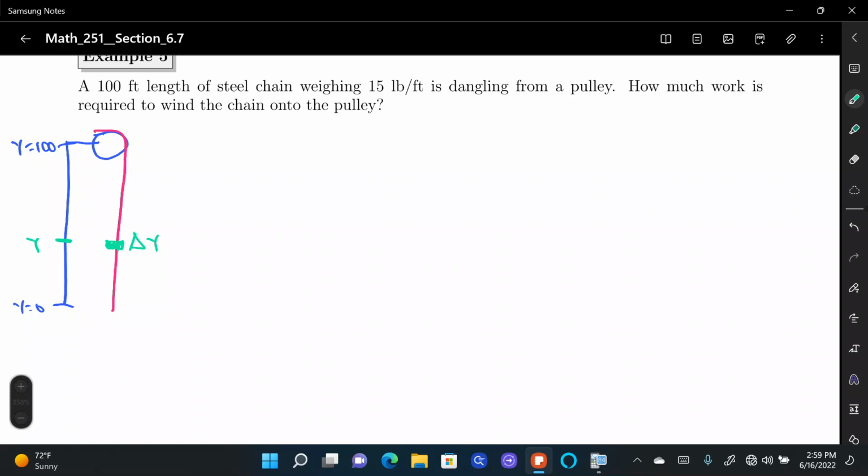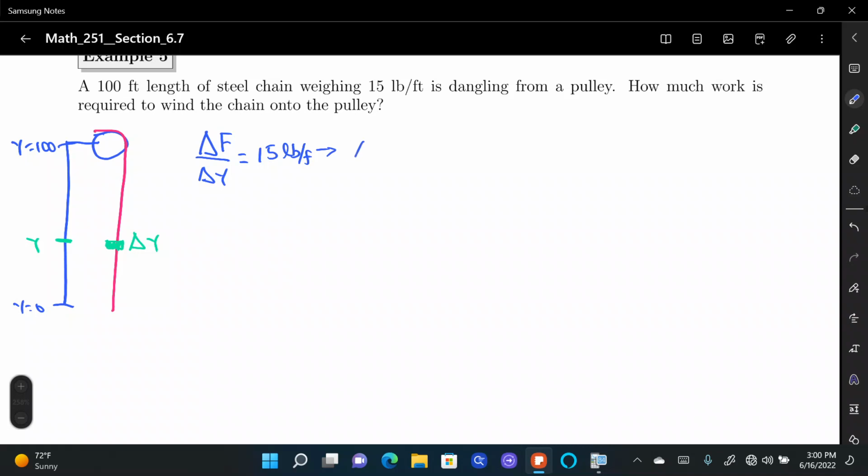What's going to happen when the pulley pulls the chain? Well, of course there is a change, and derivatives or rates of change describe changes. So what are the variables involved here? On the one hand, there is a delta f and a change in y. So delta f over delta y is going to be 15 pounds per foot.